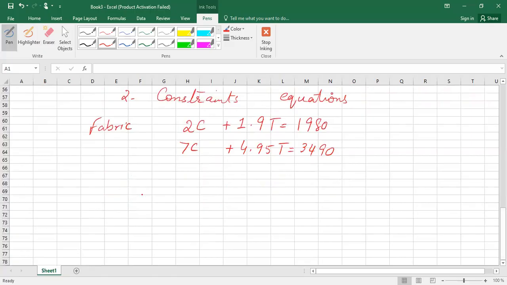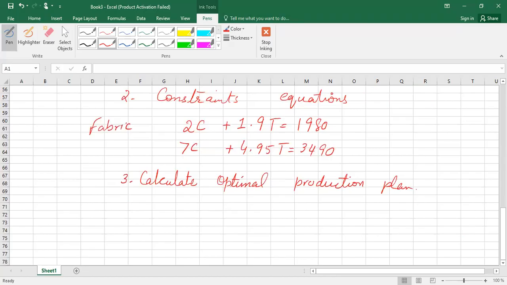Step 3 is to calculate the optimal production plan. Basically, step 3 is the one where we are calculating a number of values.